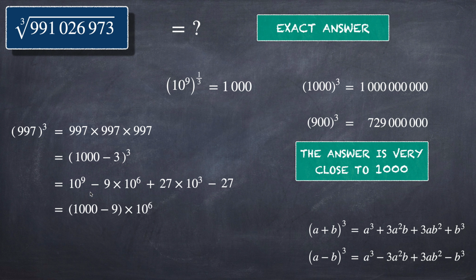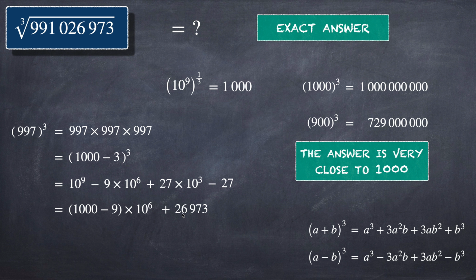Now let's rewrite these two numbers using a factor 10 to the 6. So here is 10 to the third times 10 to the 6. Let's write this factor 10 to the 6, and the remaining term will be 10 to the third subtracted by 9. And here you see this is 27,000 subtracted by 27.